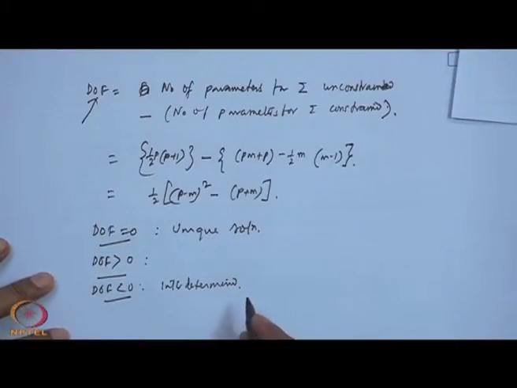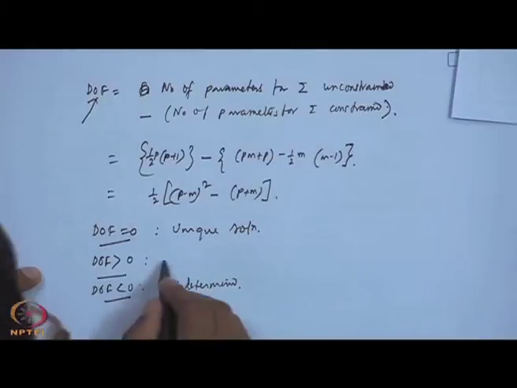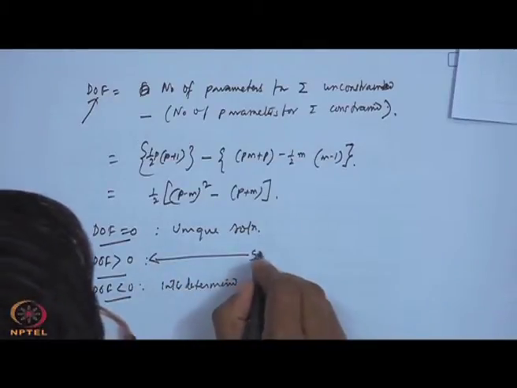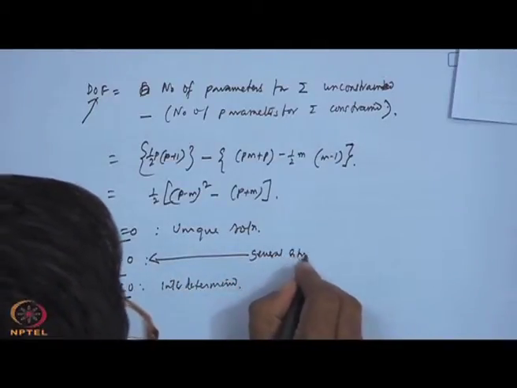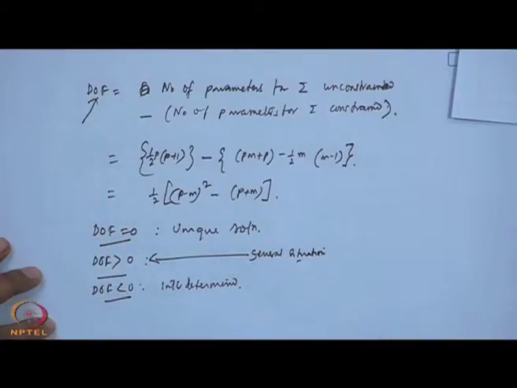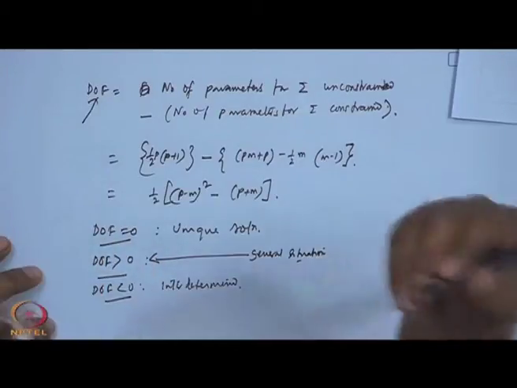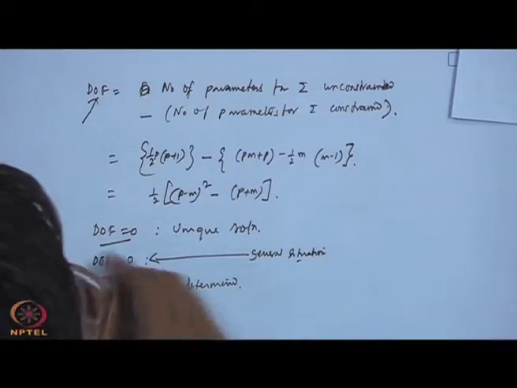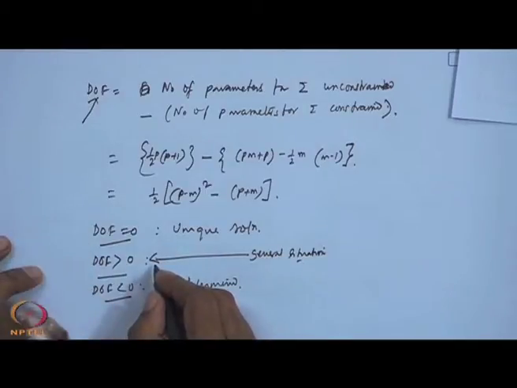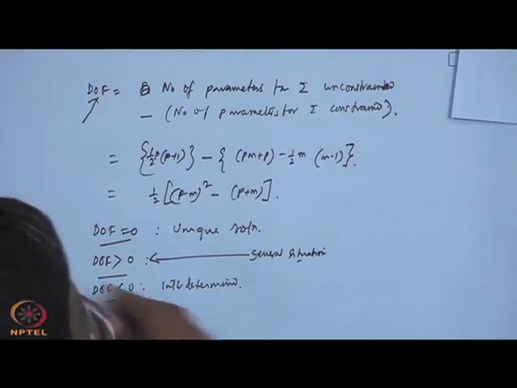Okay. The general situation is this. As we will be getting a large number of solutions, because there is no unique solution in this case, it is an overestimation situation.